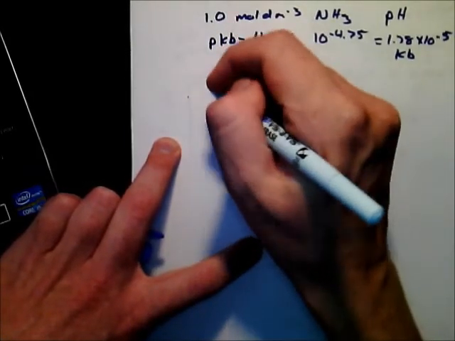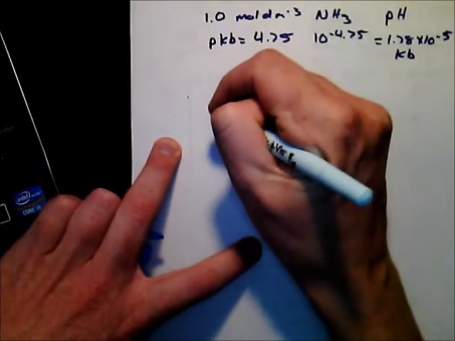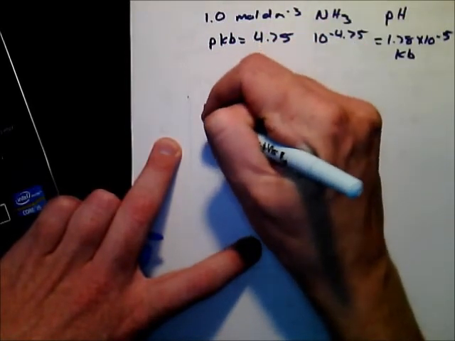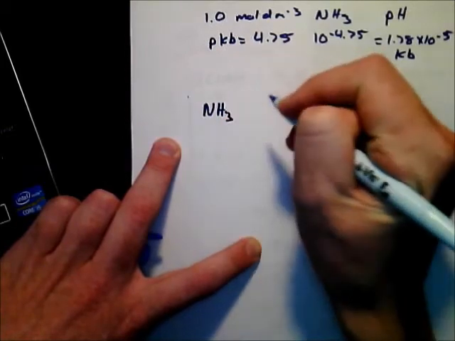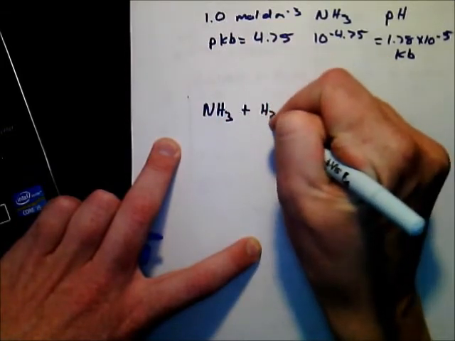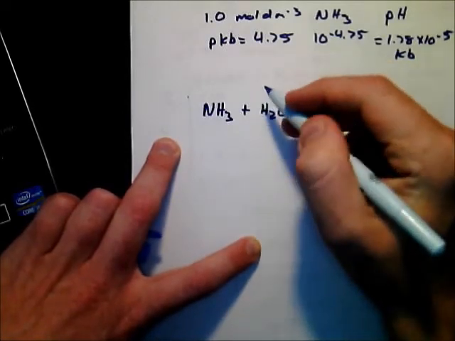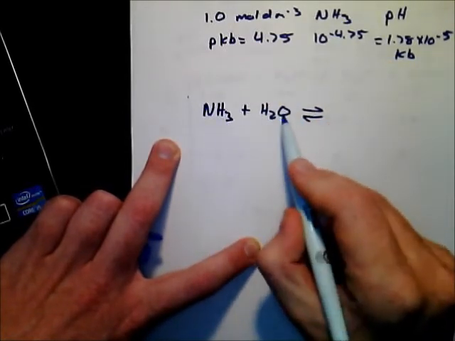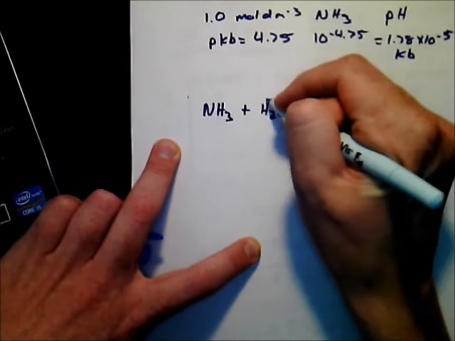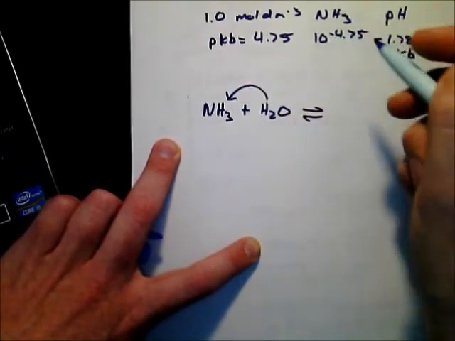So the next thing I have to figure out is, what is ammonia going to do when I put it in water? It is a base. Instead of being a proton donor, like in our last problem, a base is a proton acceptor. So a proton is going to go from the water to the ammonia.